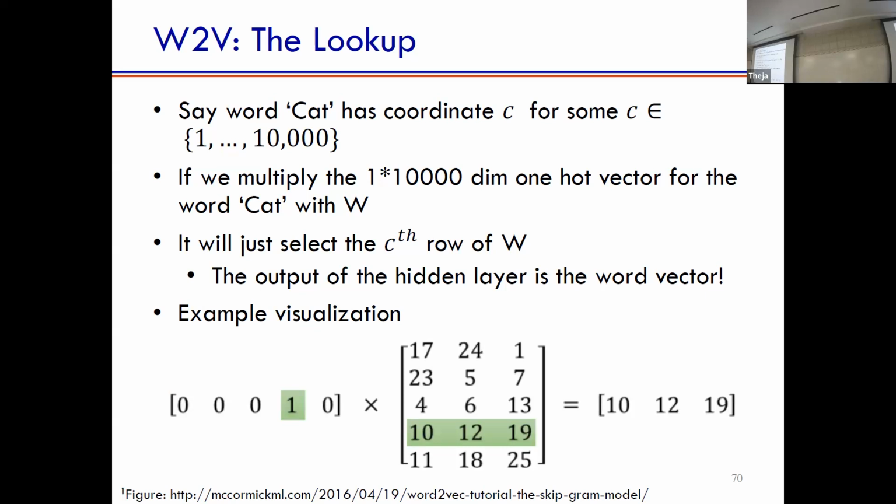This type of vector, when it multiplies with the matrix, all it does is pick up a row. That is easy to see. And so basically it's like indexing. What was the input word? Brown. Let's just index where brown's row is. That's the vector to be passed on to the next layer.